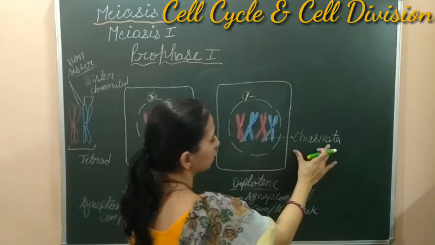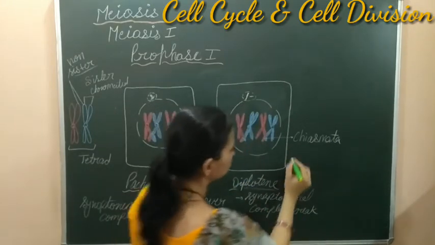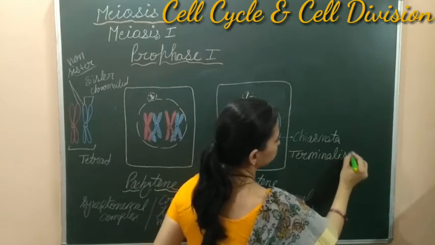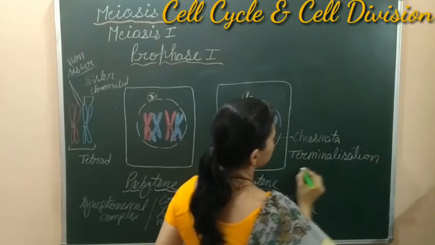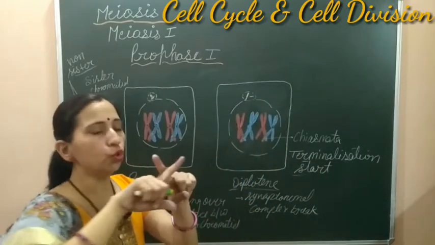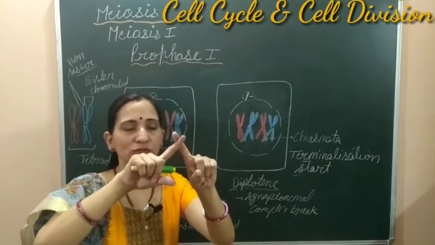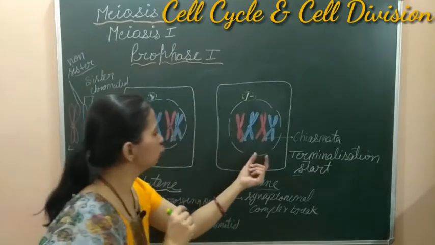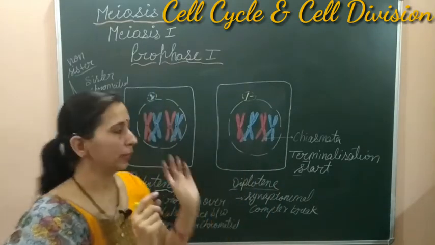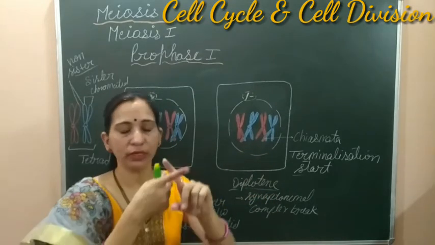So chiasmata formation happens and then terminalization will start. Terminalization will start, and this movement of the chromosomes at this X-shaped point is known as disjunction. So we are saying that this separating of the homologous chromosomes starts, and we can say that disjunction will start and it happens very slowly.